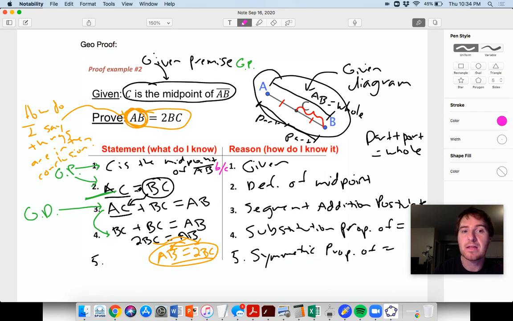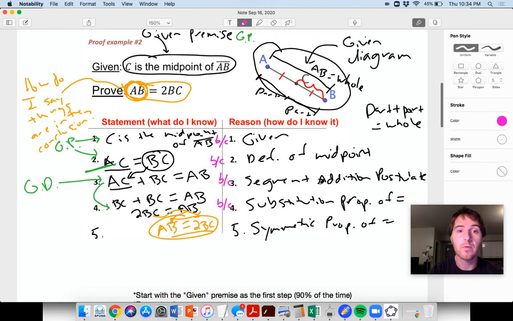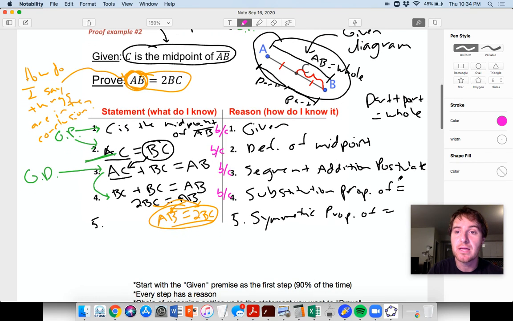Then we can make the conclusion AC equals BC because it's the definition of a midpoint. But we also know that AC plus BC equals AB because of the segment addition postulate. That justifies this claim here. And then we also know that BC plus BC must equal AB because of the substitution property of equality, right? What we did here is we substituted information from step 2 into step 3.